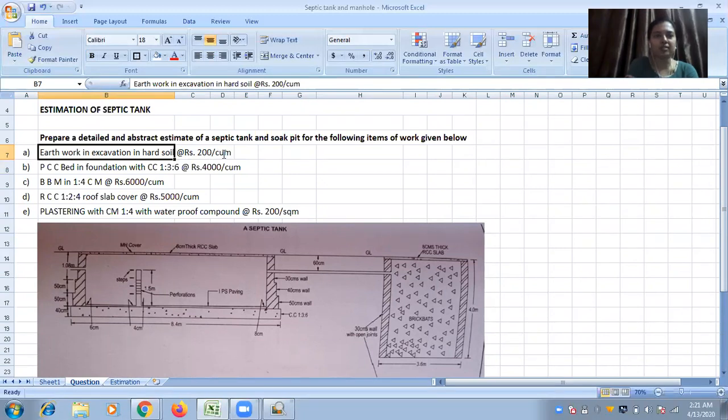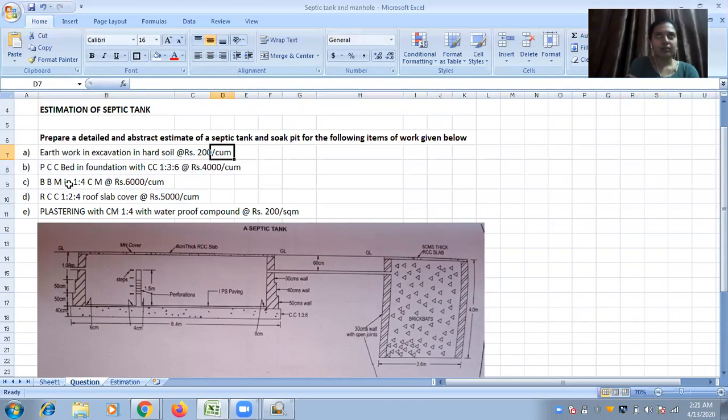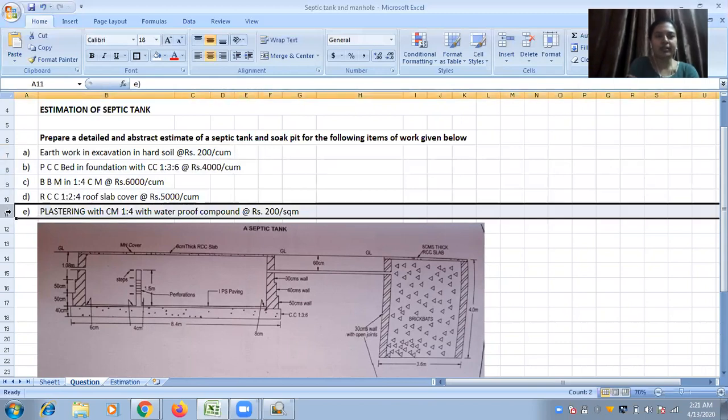You have to observe this unit. First 4 items of work you have to give the volume, that is they wanted per cubic meter. And the last one they wanted in square meter, that means you have to give only area.